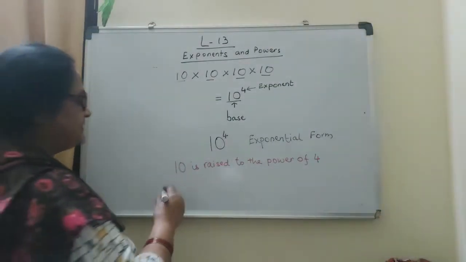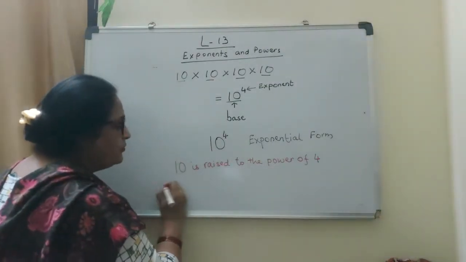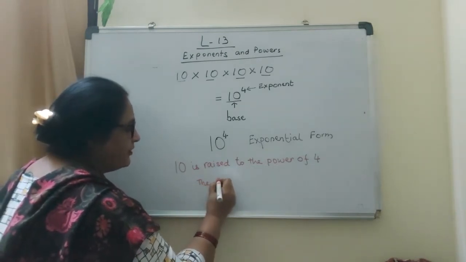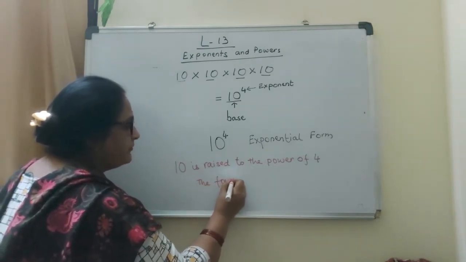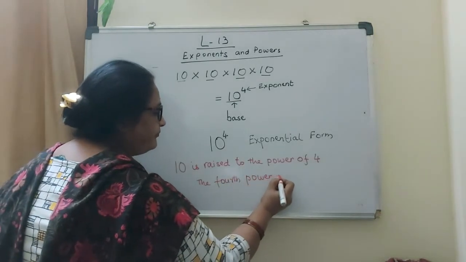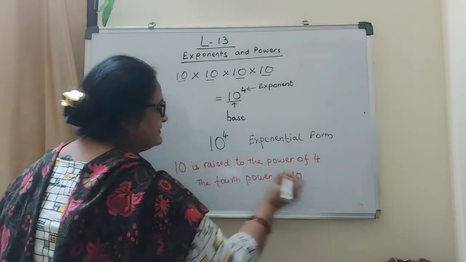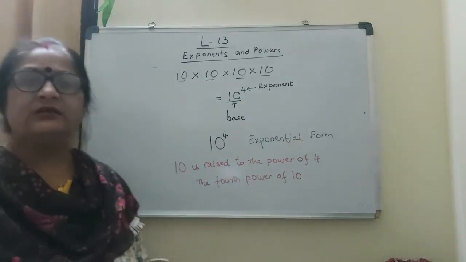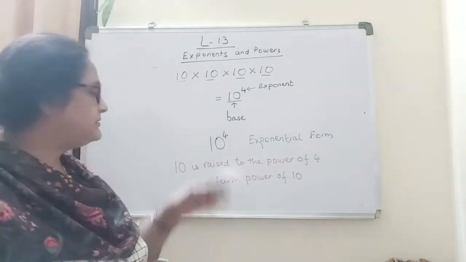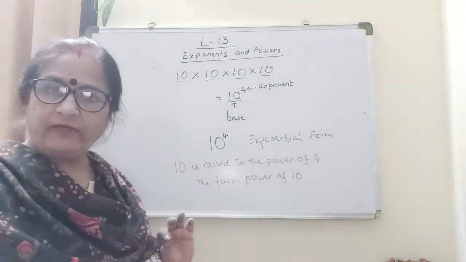Or sometimes we also say the fourth power of 10. It is also read as the fourth power of 10 or 10 raised to the power of 4.